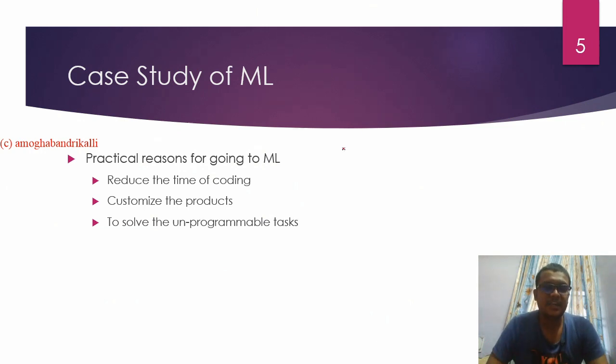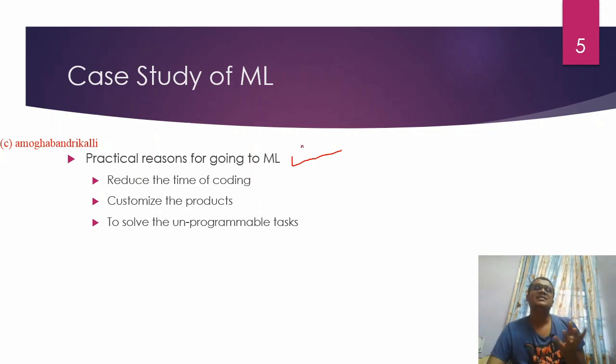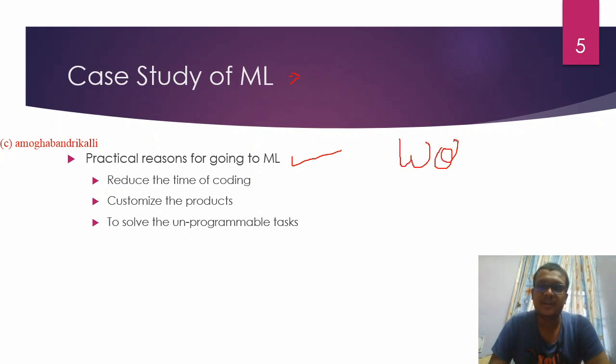Okay, let me give you a case study of machine learning. A case study means what the practical reasons are for going to machine learning. Sorry for the abbreviations here, ML means machine learning. The practical reason for going to machine learning, let me take an example of the Word application, Microsoft Word.